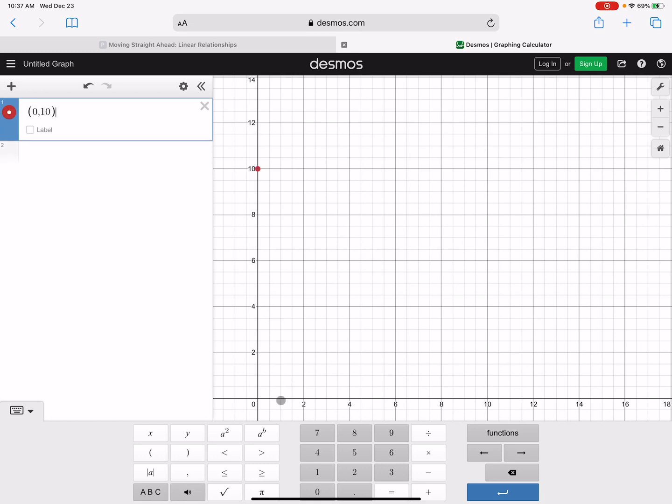And then 1 is technically right here in the middle. To 10, my next point's going to be right here. 1, comma, 10. And I can keep going. I've got 2, 10. Oops.